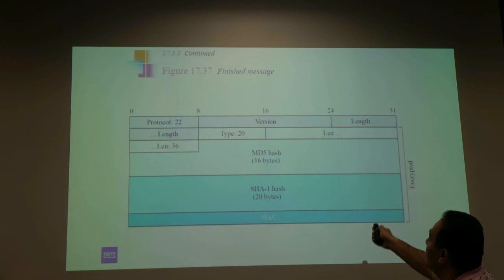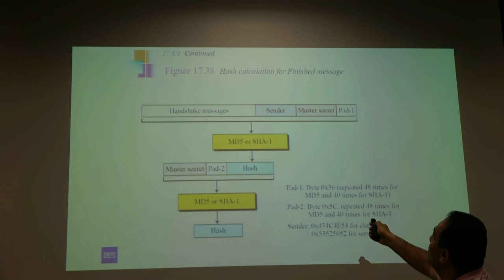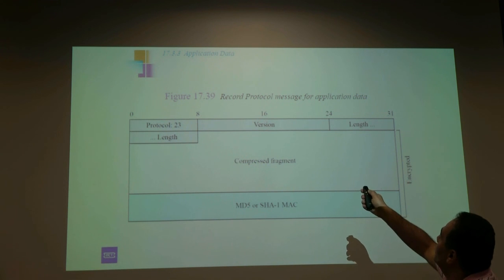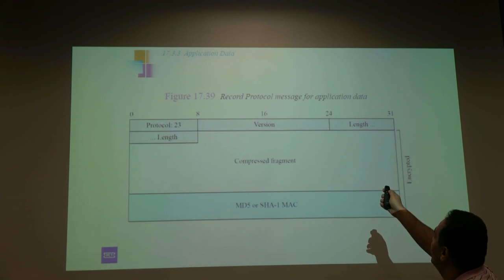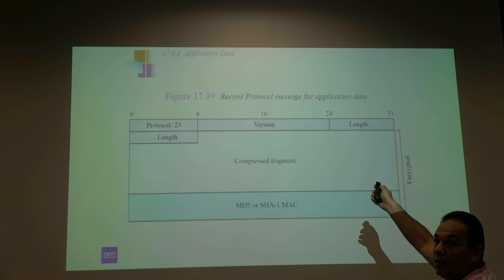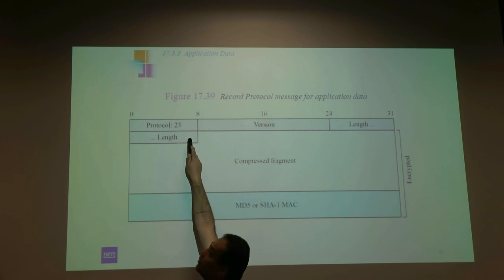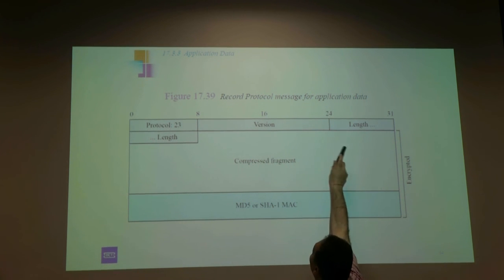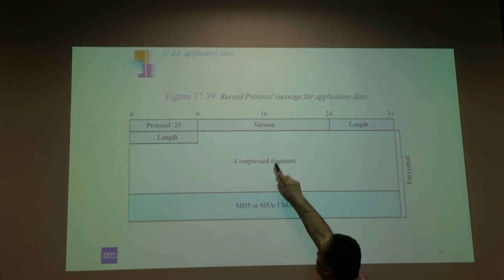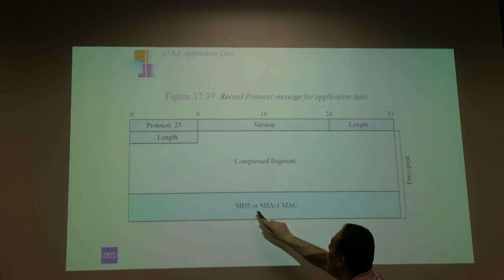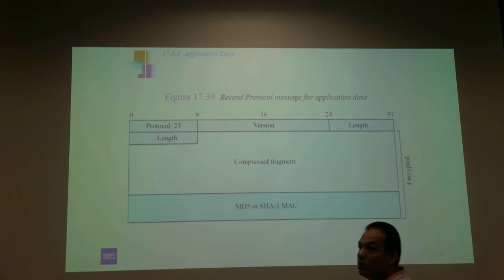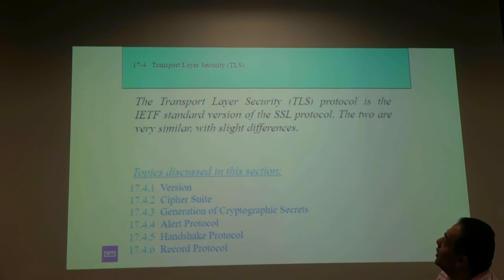This is the finished message, and this is the hash calculation for the finished message, how they calculated it. And this is the record protocol message for application data, which is type 23. You have 23, the version, the length, the compressed fragment, and then the hash.